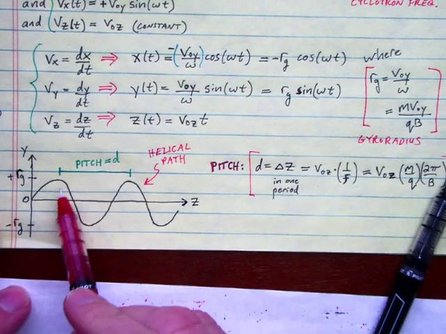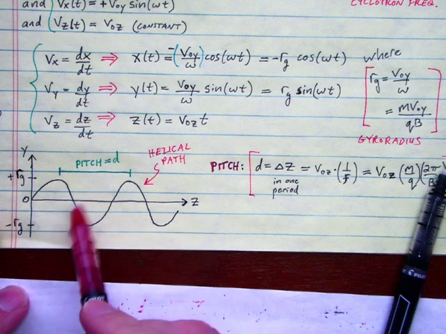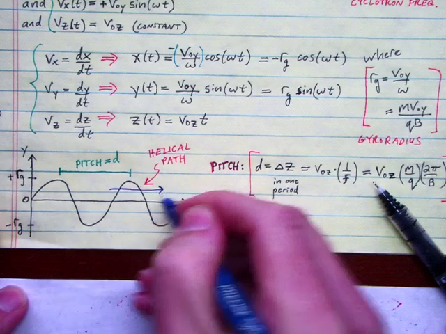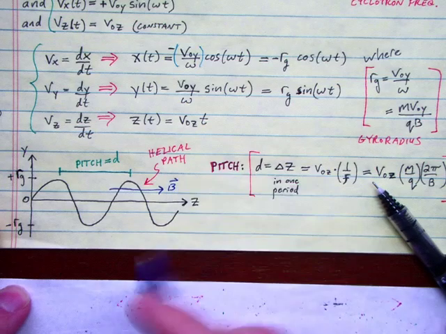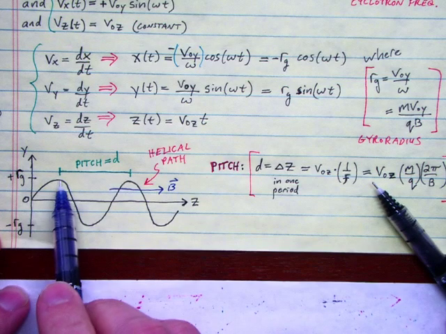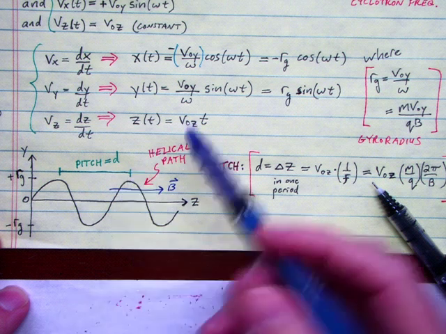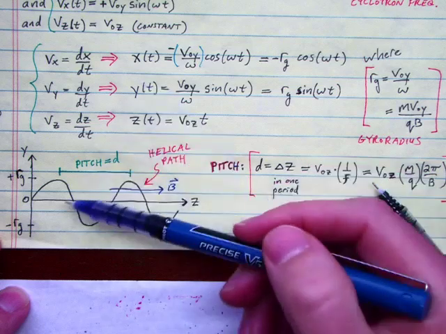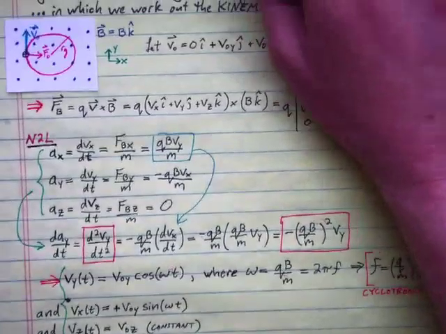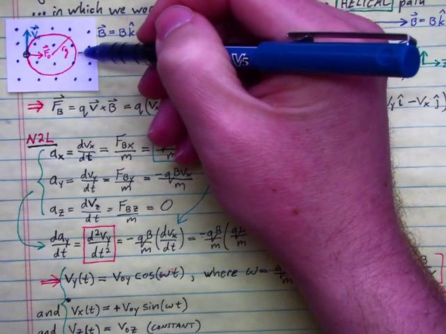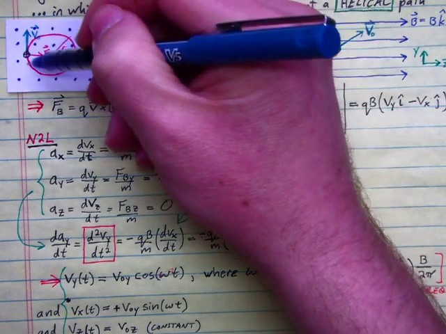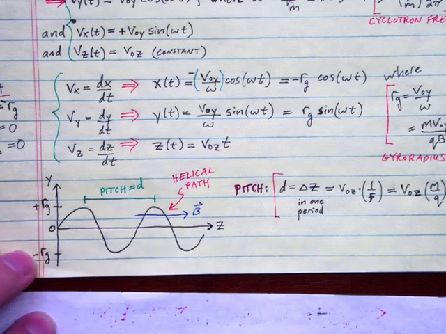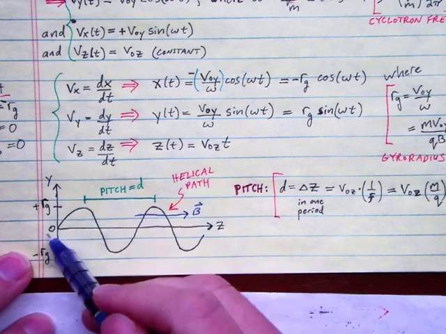Now our B field is in the z direction. The distance the particle drifts parallel to the B field in the course of one full cycle, the distance in the z direction the particle moves while completing one orbit, is known as the pitch. The pitch of our helical path. This is a helix here.